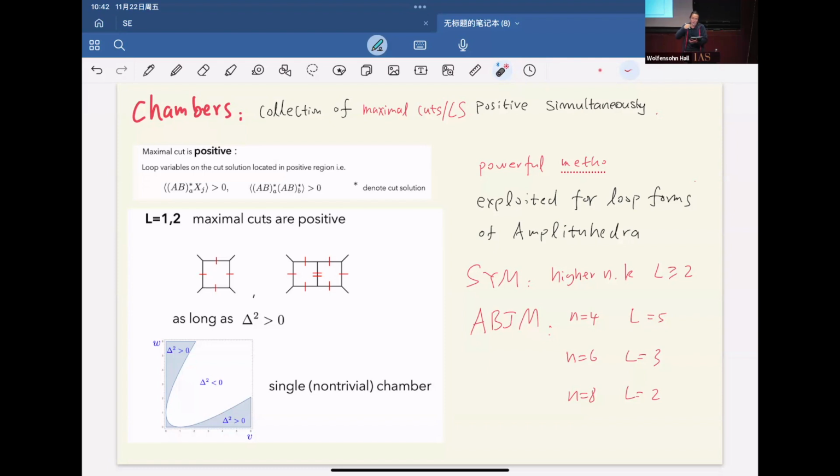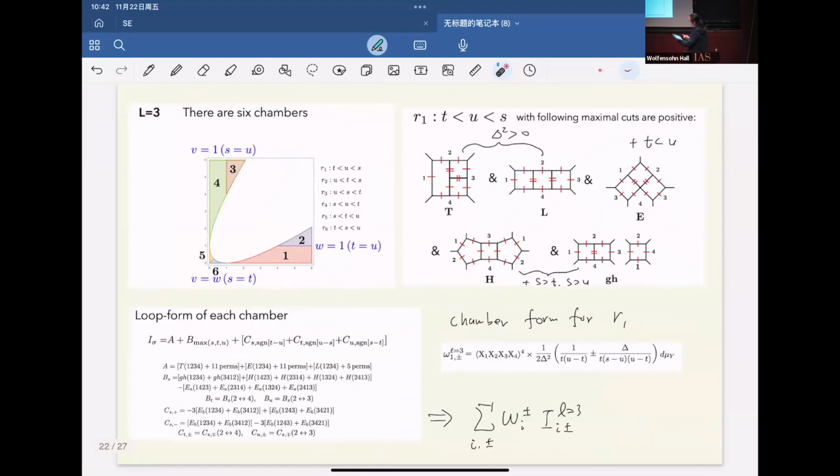Then you're summing over the chamber form times loop form, which is essentially the leading singularity multiplied by some pure function, as we heard from other talks. But here you see that 1 and 2 loops are special because these maximal cuts are automatically positive everywhere in this region, so you don't need to worry. But for 3 loops, it's much more interesting.